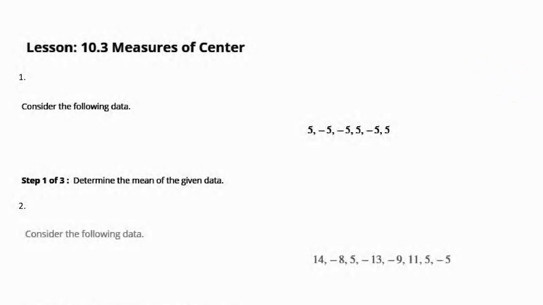Now, as we go into our last lesson, 10.3, measure of center, what we're going to ask you to do for each of these is to find the mean, and write this in your book, the median, and the mode.